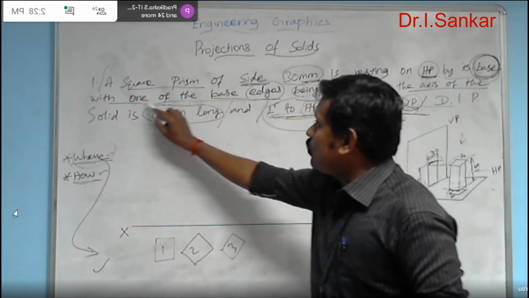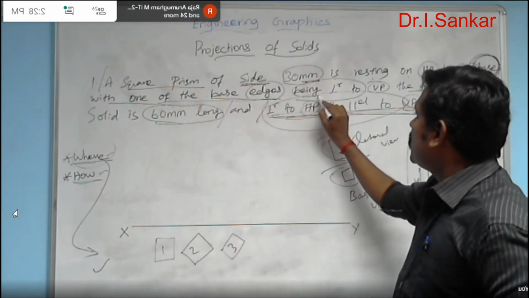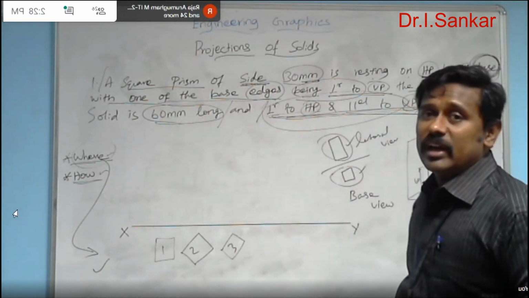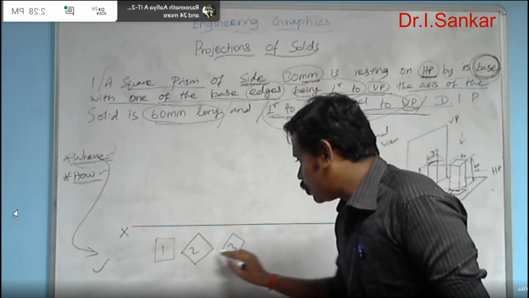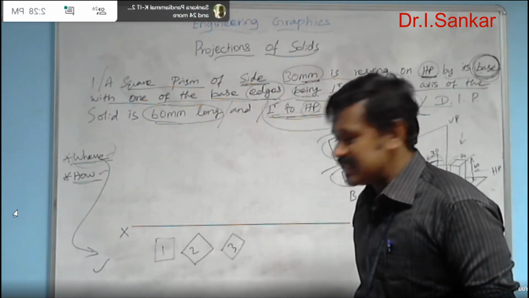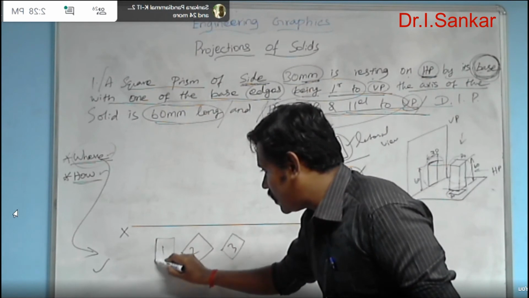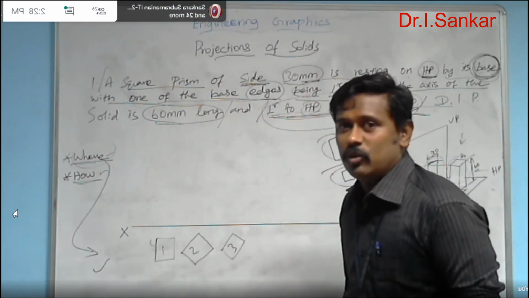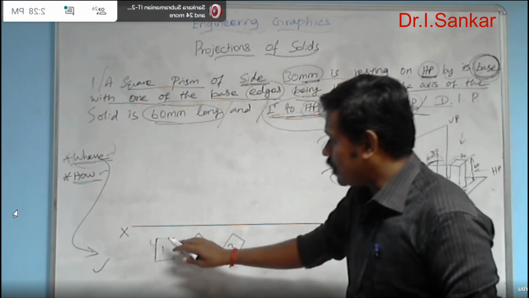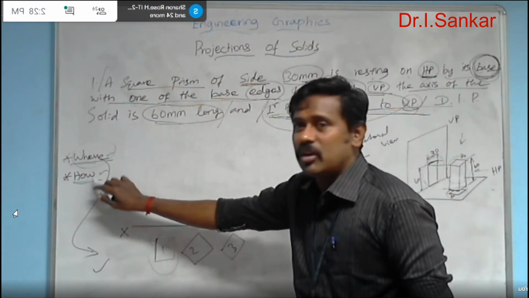We need to maintain one of the base edges being perpendicular to VP. In that way your base view should be there. So out of cases 1, 2, 3, the first case will obey the rule given in the question. Its one base edge is perpendicular to VP. Then you can go for the first choice. This is nothing but how should be the base.